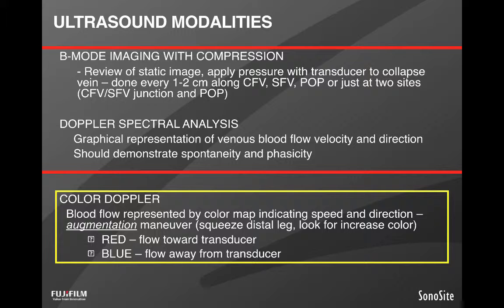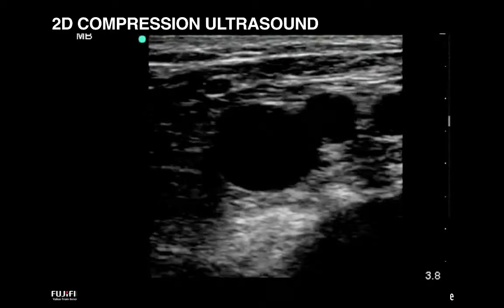So sometimes you can use Doppler spectral analysis, which is really looking at the pattern of velocity changes within the vein, and abnormalities within that can suggest the possibility of thrombosis, or it can rule it out. And same thing with color. If you don't see color flow throughout the vein, either through a squeeze or augmentation maneuver, it may suggest the existence of thrombus. And I'll go over the literature on whether those are needed in a moment.